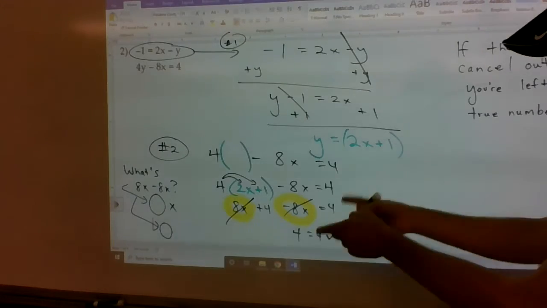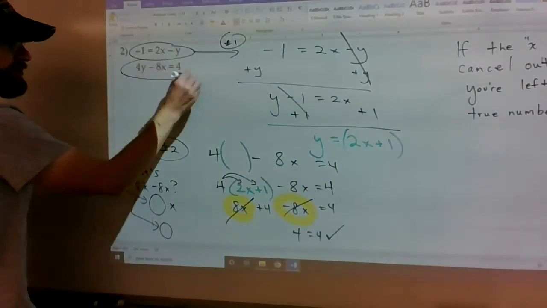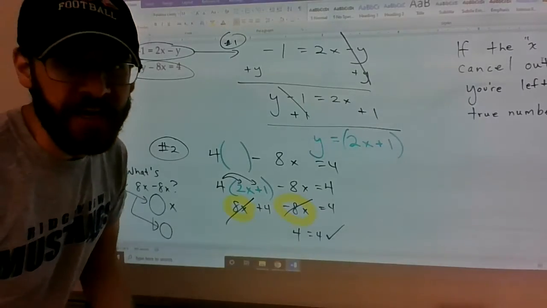In this case, 4 does equal 4. Then that means that both of these equations were the same from the get-go.